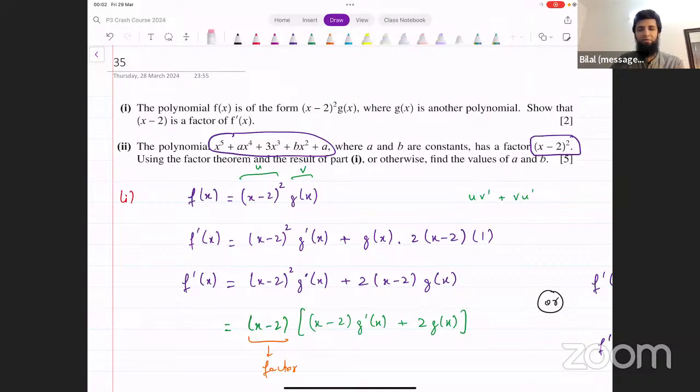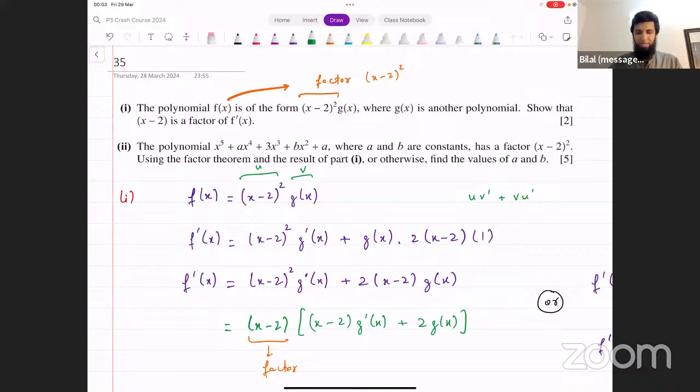So f of x had x minus 2 whole squared as a factor. You can see that here, that's common outside. And that's exactly what we have in the second part as well: some function for which x minus 2 whole squared is a factor. So that's the connection between the two.